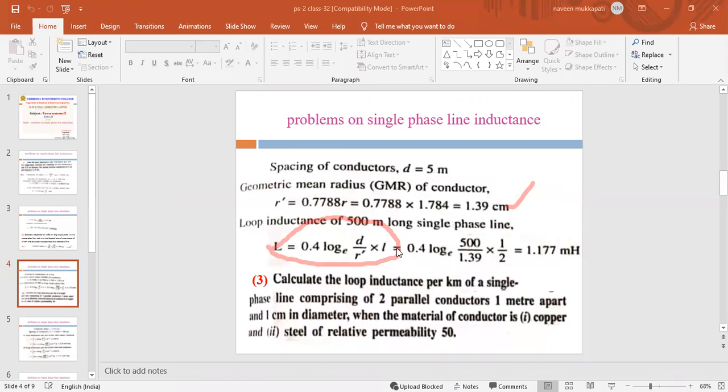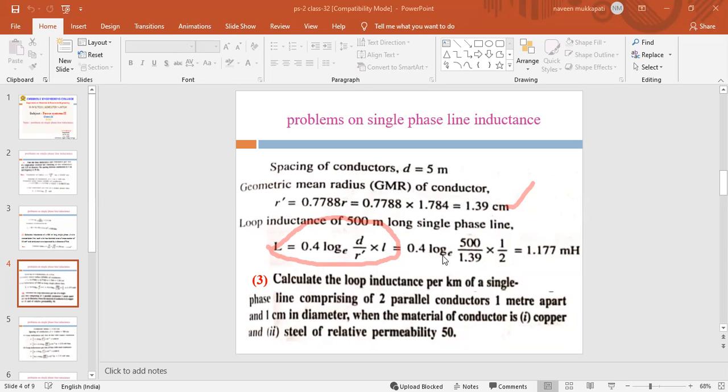The spacing of a conductor D is equal to 5 meters, then it will be converted into centimeters, that is equal to 500 centimeters. Why? Because r dash is in centimeters, that's why we are converting the spacing between the conductors also into centimeters.